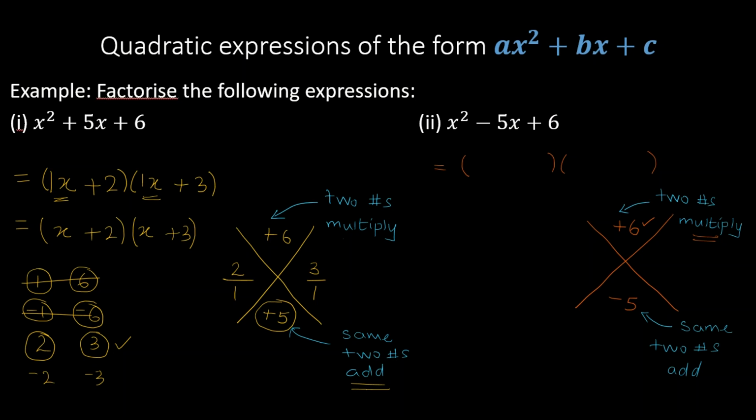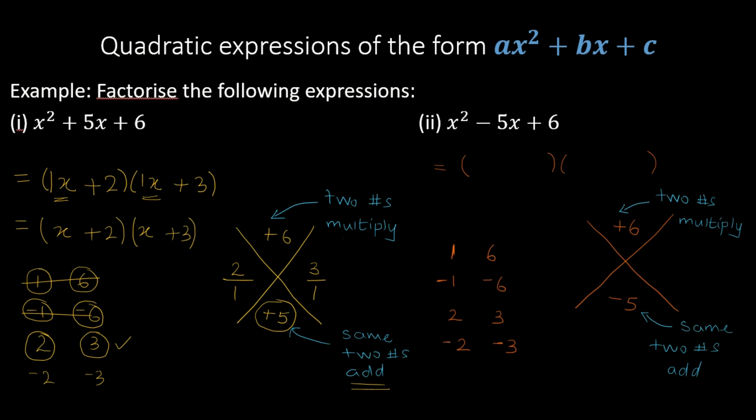We have 1 times 6, or negative 1 times negative 6, or 2 times 3, or negative 2 times negative 3. Is there any other possibility? No. So we are done with multiplication.